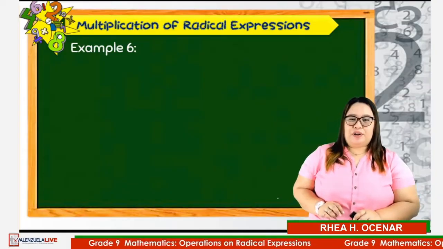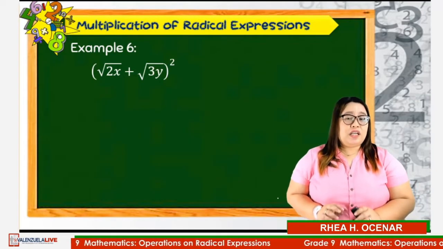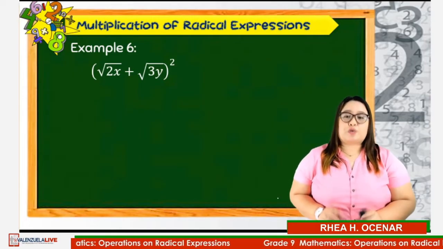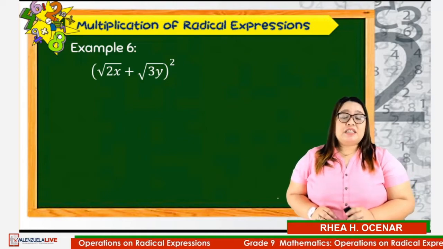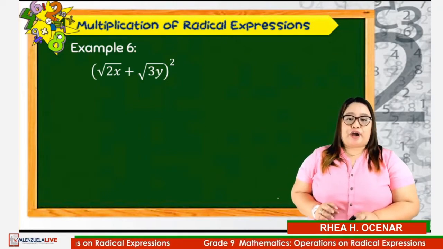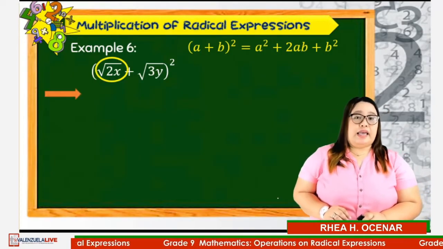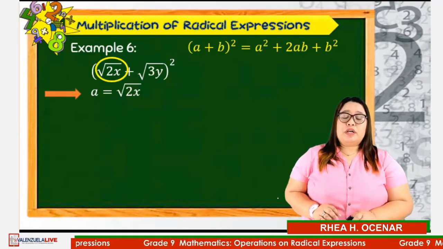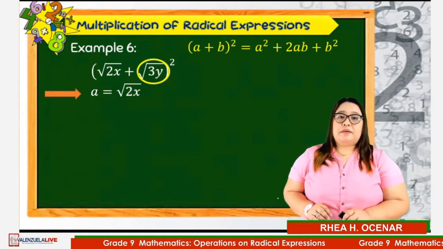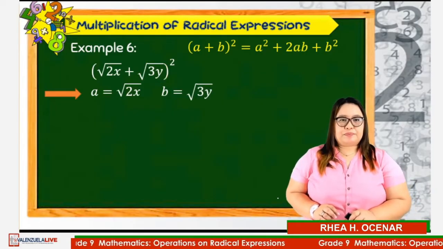Next example. The quantity square root of 2x plus square root of 3y squared. In the given example, we can apply the idea of the square of a binomial. Let a be equal to square root of 2x and b be equal to square root of 3y.